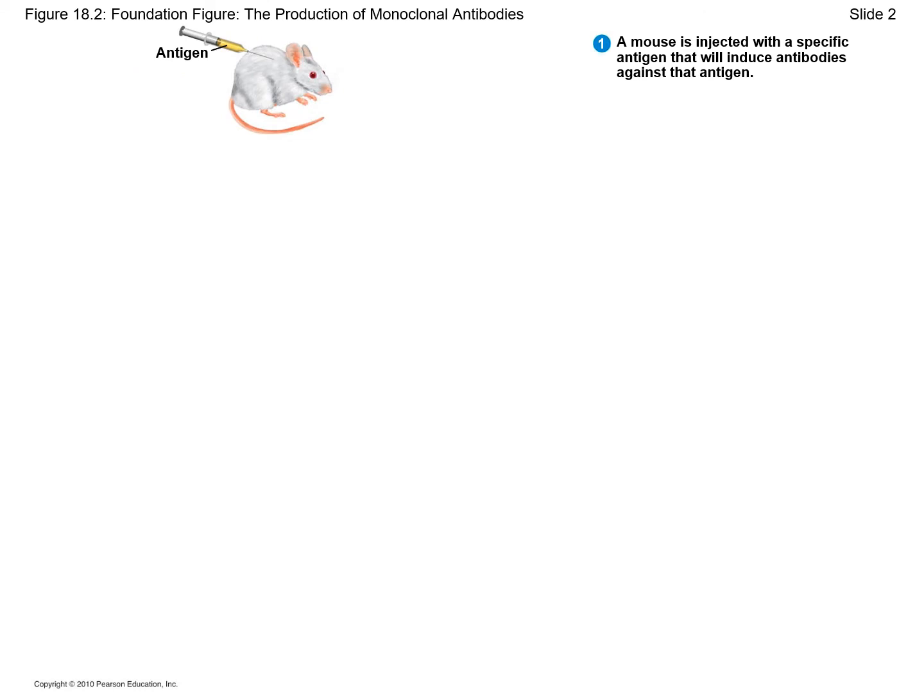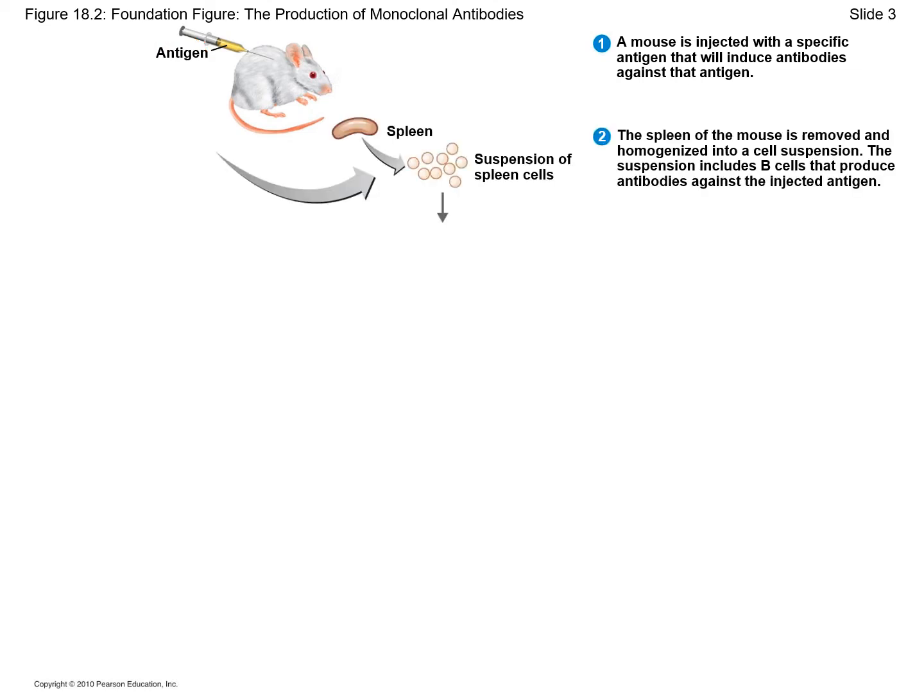To generate monoclonal antibodies, the first thing you do is take your antigen of interest. It could be the N1 antigen for the flu virus, or if you were developing a test for the coronavirus, you would take one of the spike proteins from the enveloped coronavirus and inject it into the mouse. Then the mouse is going to go through a primary response.